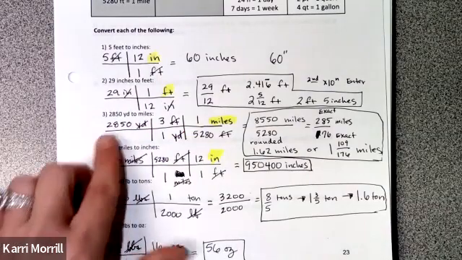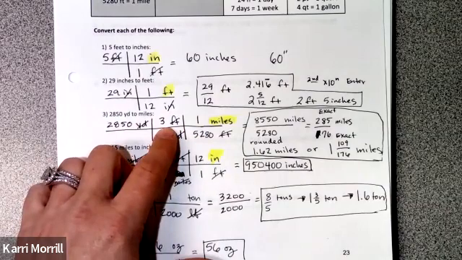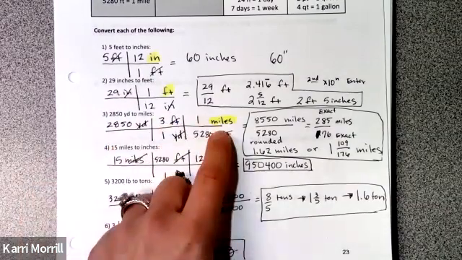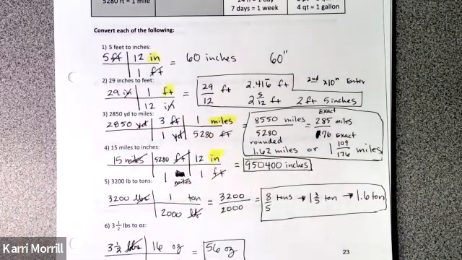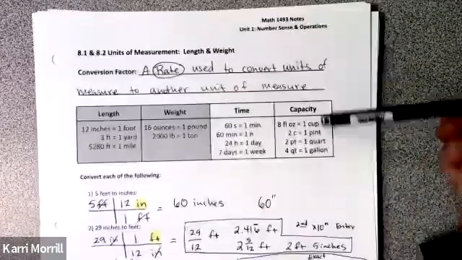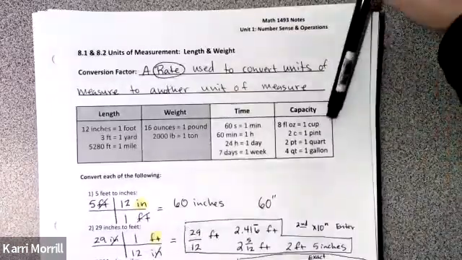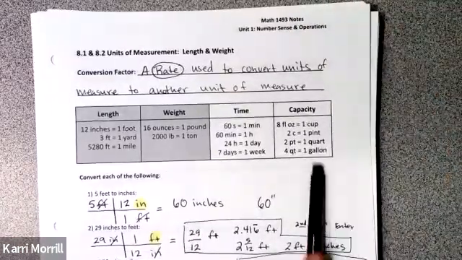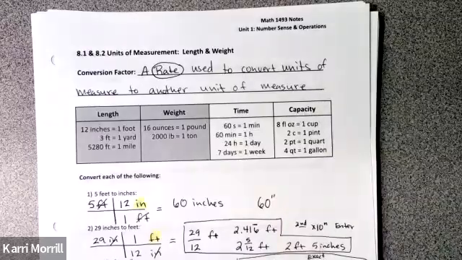So we have to maybe convert that to feet, so then we can convert it to miles, because I have a conversion between feet and miles. So it helps if you find those and you're either working your way down or working your way up, and that can help guide you through how to set that up.